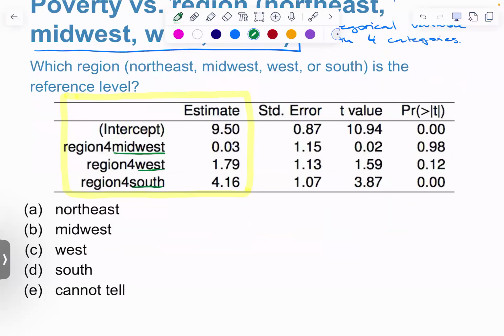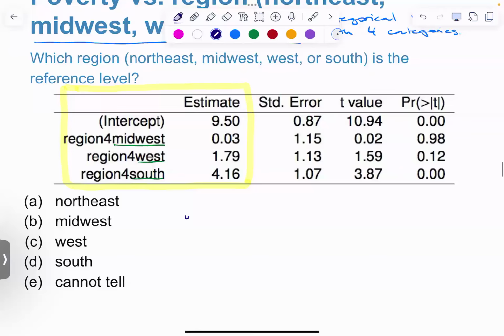So what we can do is take this output and write out the model. The poverty hat is going to be 9.5 plus 0.03 times the Midwest plus 1.79. Now, if they were negative, they would be subtracting, right?